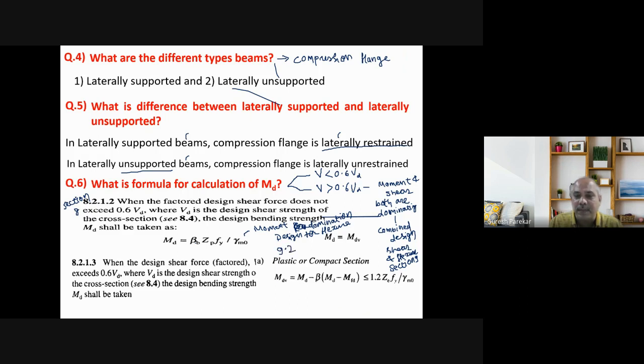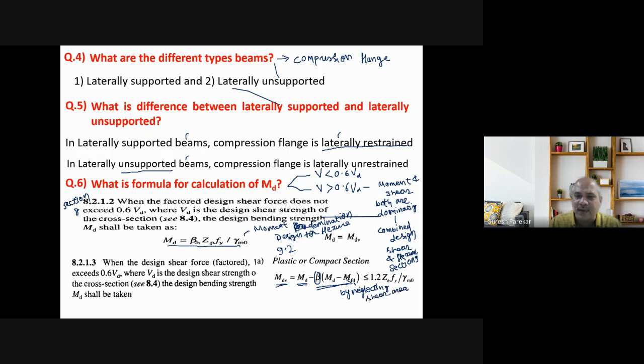MdV is equal to Md minus beta, into Md minus MFD. And this beta again depends upon V, that is, (V by Vd) whole square minus 1. And by this, we are going to calculate MdV. So you will see this will be a small reduction in Md due to this factor. Now this Md we are going to calculate by this formula, and MFD we are going to calculate as the moment of resistance by neglecting the shear area, meaning the web is not considered.